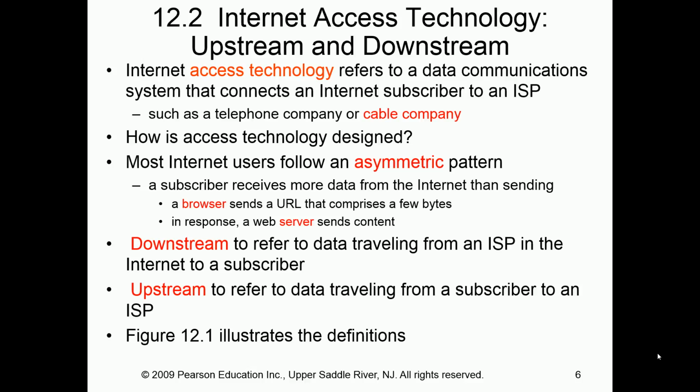I have Cox, for example. I pay Cox $100 a month to connect to their network. Cox, in turn, connects to other networks. So I can go through the internet through them. They are my internet provider, or ISP, internet service provider.